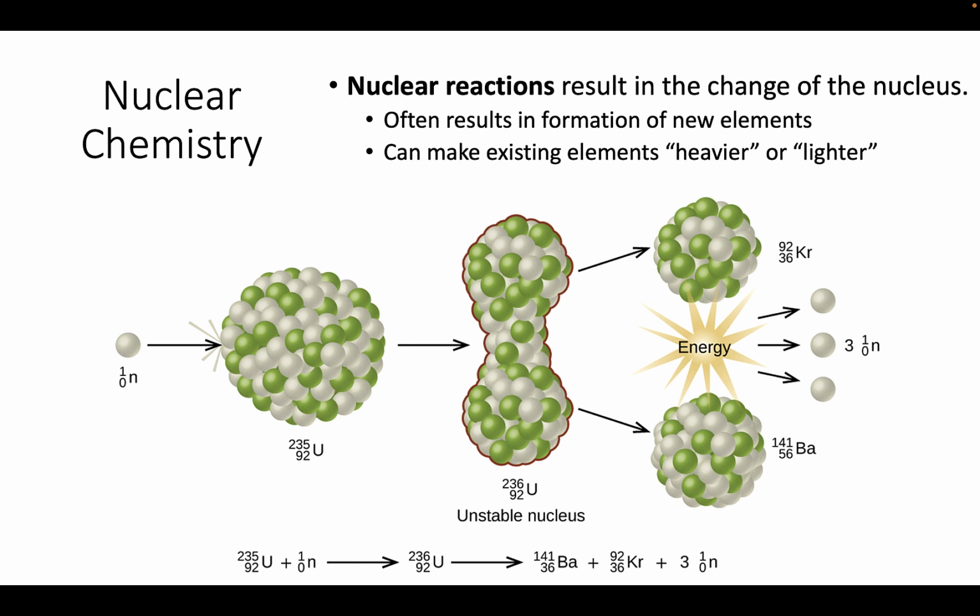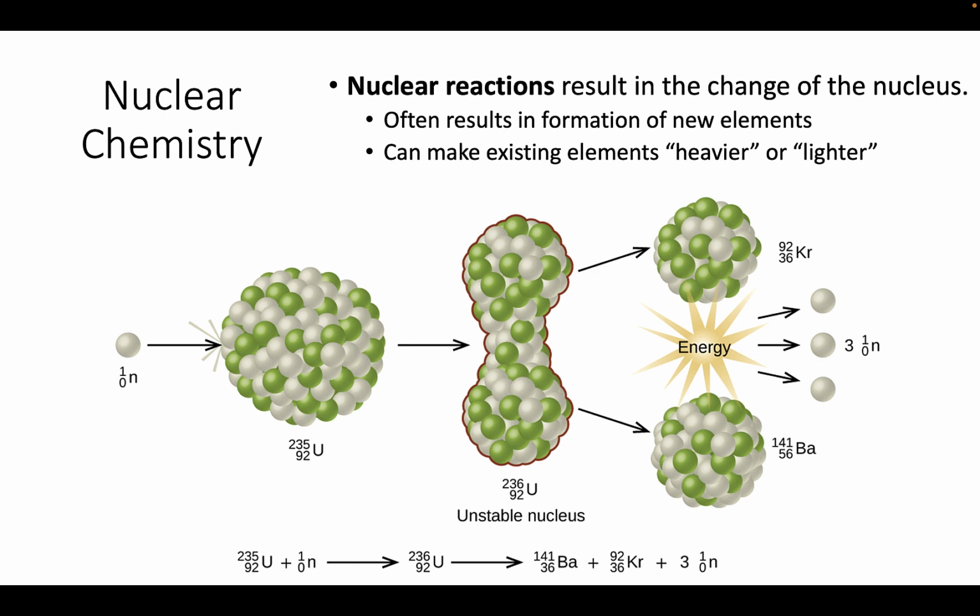And we can show, for example, the following. We have a neutron that's colliding with this uranium containing 235 total protons and neutrons. It's becoming an unstable nucleus and then breaks into two smaller nuclei along with a few stray neutrons. We can show how these reactions occur with the following notation at the bottom.